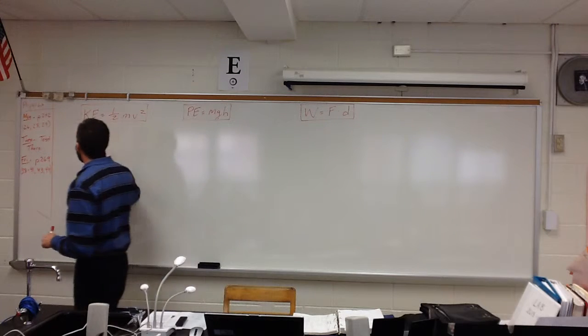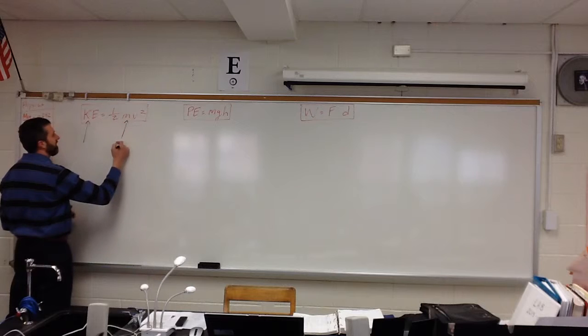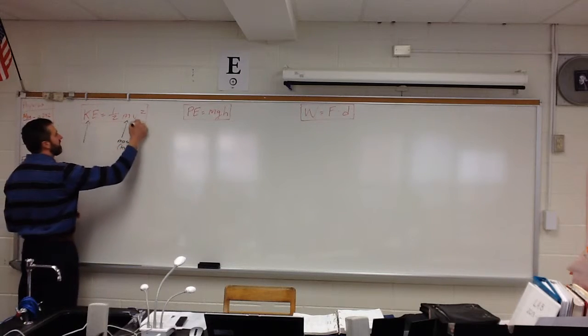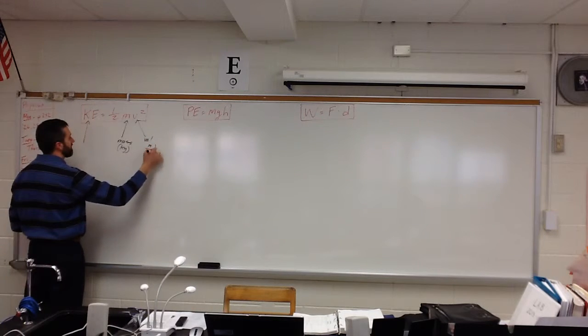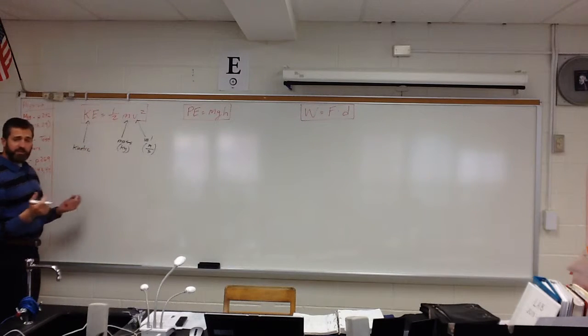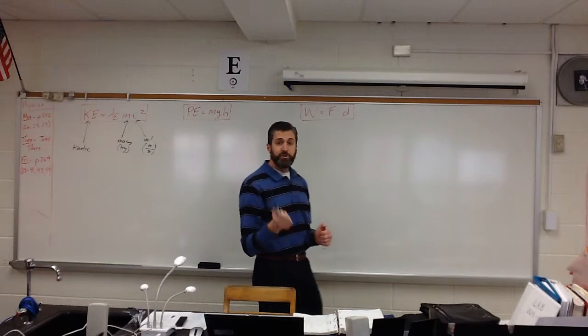What it says is that the kinetic energy of an object is equal to 1/2 the mass in kilograms times the velocity squared, and velocity is in meters per second. This is kinetic energy. And energy, as you may recall from other years, is in joules.